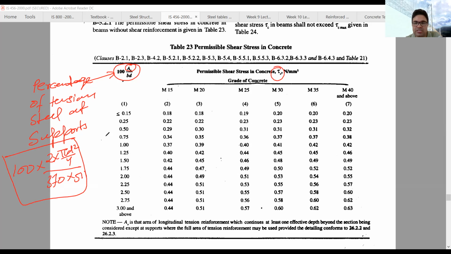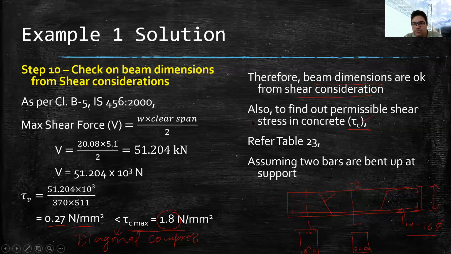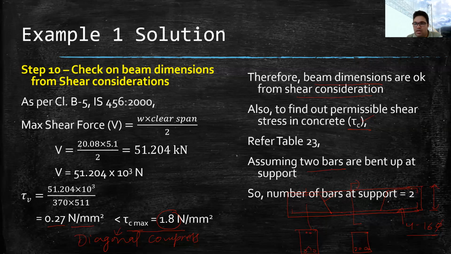So how much value is there? We will see that in the slide. Sorry. As you can see, to find out the value of tau c, first we have to assume how many bars are bent up. I have already clarified that we are assuming 2 bars are bent up at support, which means the number of bars at support is 2.